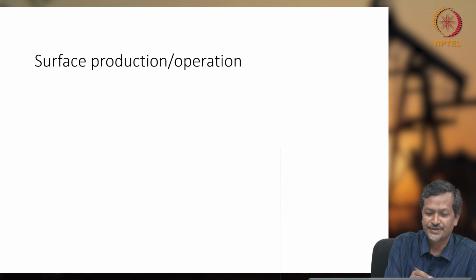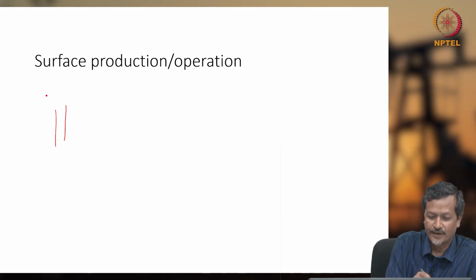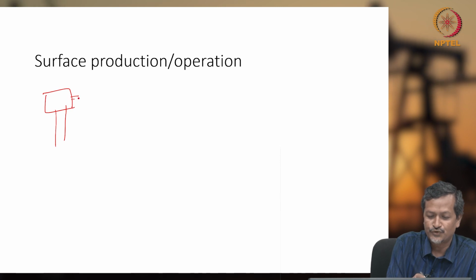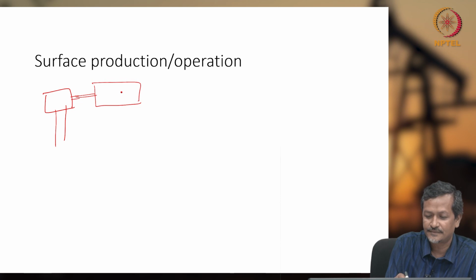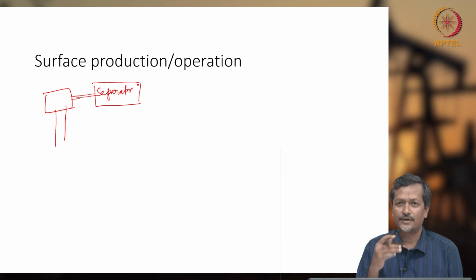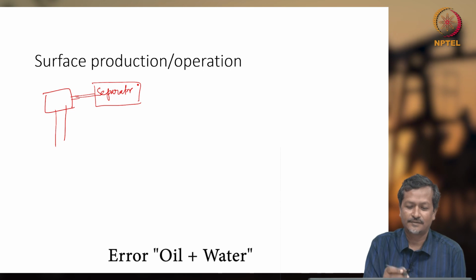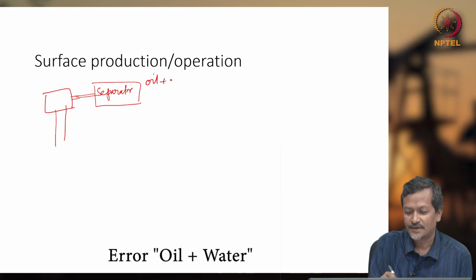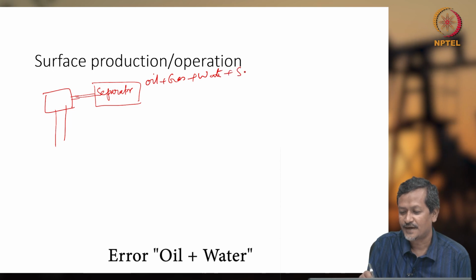In production stage you have to install separators. So separator, like say you have wellhead, then from choke you are getting fluid and you have one separator. Why separator is required? Separator is required because you are getting high pressure fluid from wellbore with oil plus gas plus water plus sand.